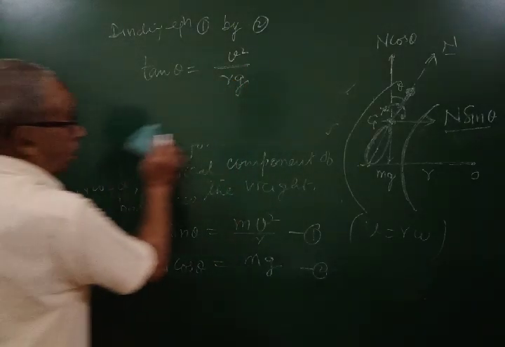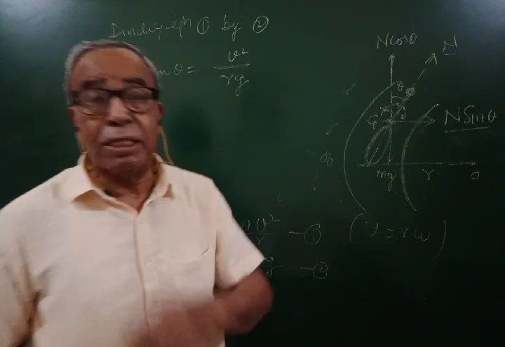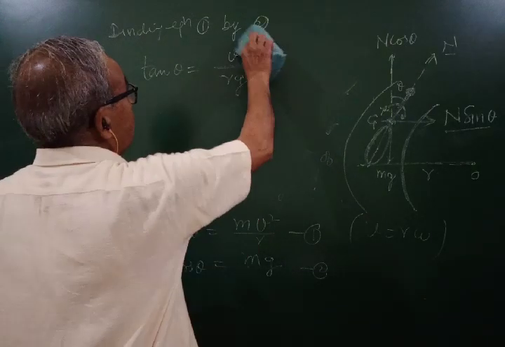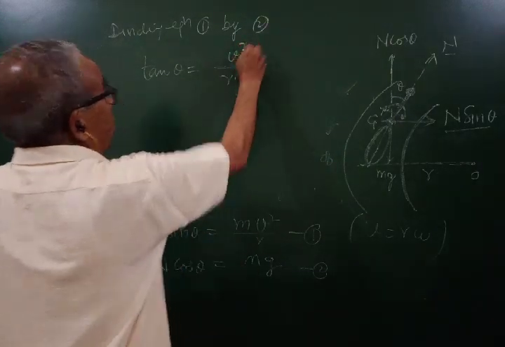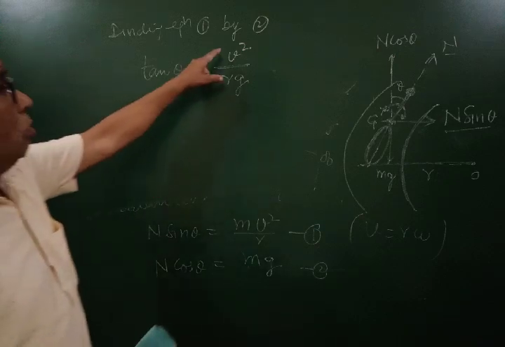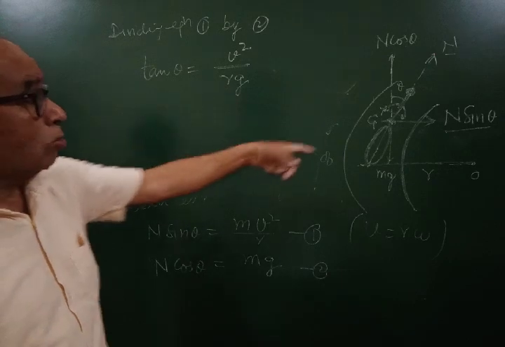So this is the required inclination given by tan theta equal to v square by r g. If keeping the same inclination you increase speed, then you have to increase the radius of the circular path.